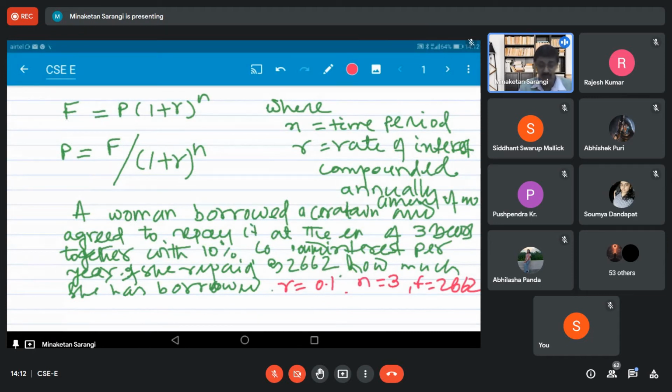So you can go to the formula. P is equal to future value, 2662, divided by 1 plus 0.1 to the power 3. That is 2662 divided by 1.1 to the power 3.